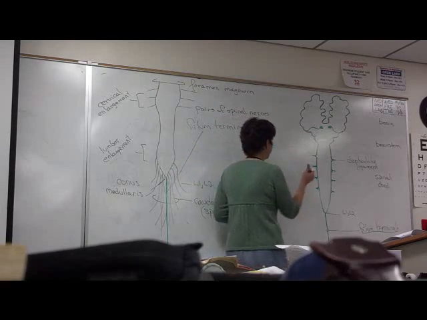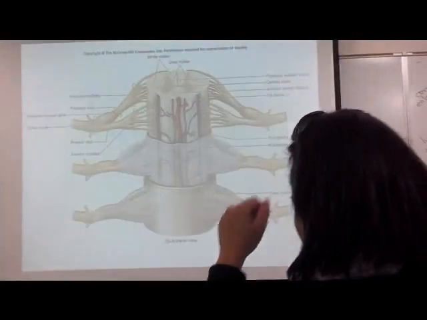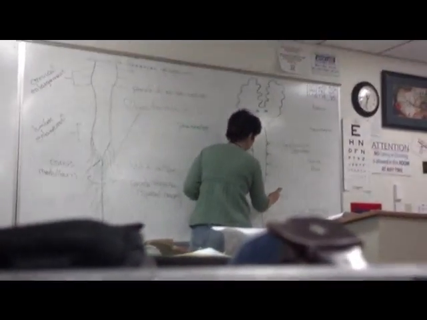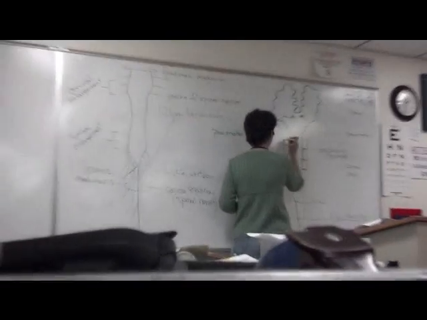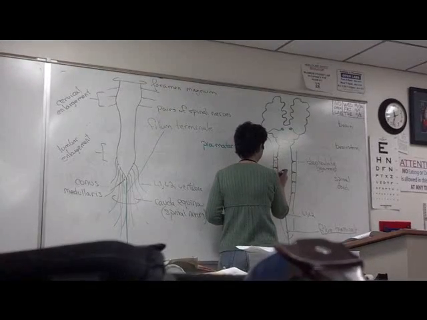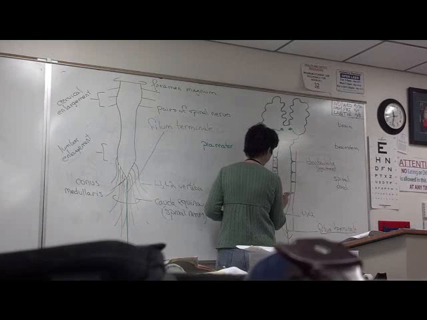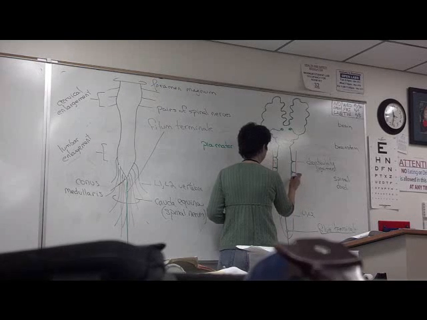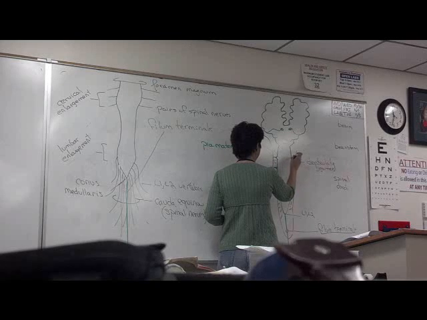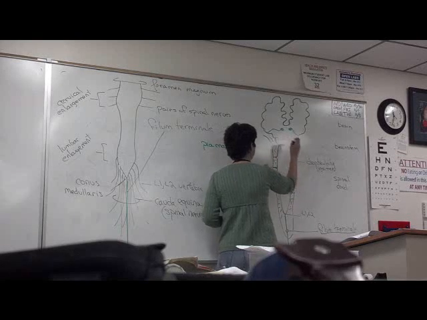So I'm going to exaggerate that gap. I'm going to draw this in. And this goes down to S2. And so we have these fine spidery lines that extend from the deep surface of the arachnoid mater. And either someone thought they look like spider legs or they look like cobwebs, probably the latter.